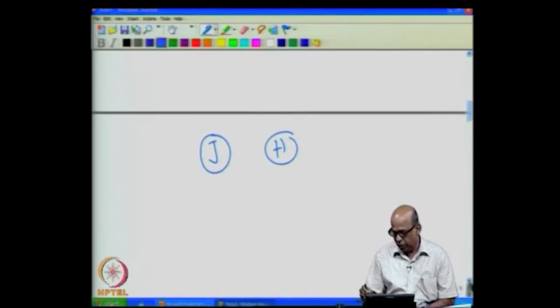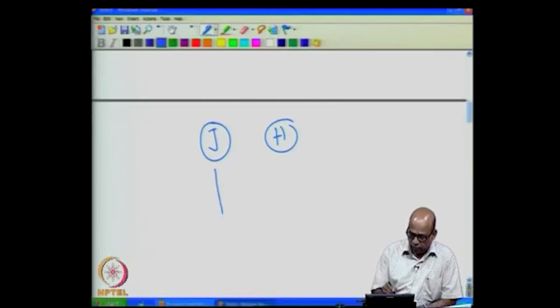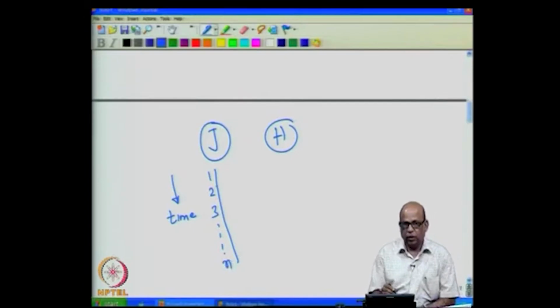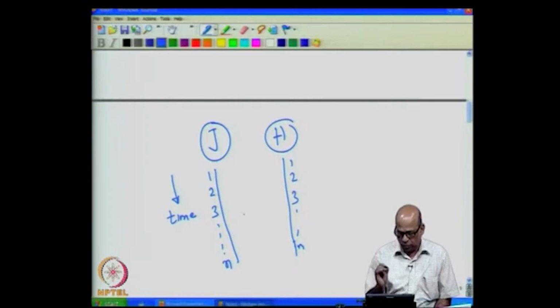On the site J you have observations. So, this is time. Let us say I have observations 1, 2, 3, etcetera, n number of observations. Similarly, on site H I have observations 1, 2, 3, etcetera up to n, and these are the time steps t is equal to 1, t is equal to 2, etcetera.